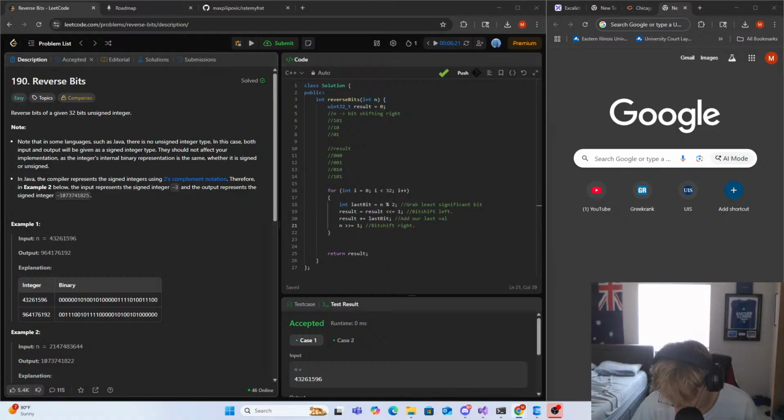Then we bit shift left. Result equal to 1. Result plus or equal to last bit. And then we do bit shift right.